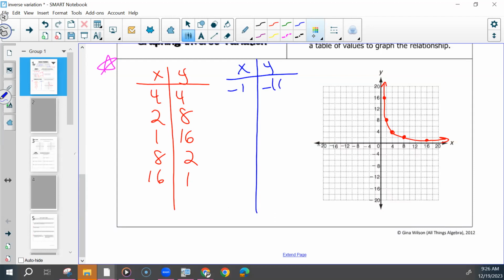So -1, -16, -2, -8, -4, -4, -8, -2, and plot all of those. So basically do the same thing, but on the other side. Connect those to the best of your ability, draw arrows to them.